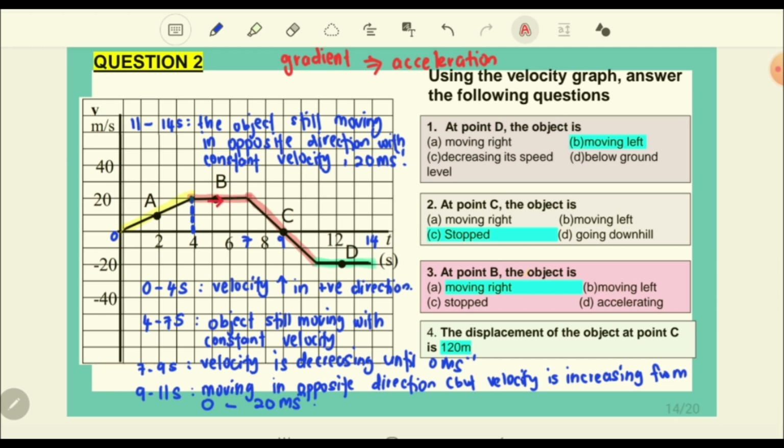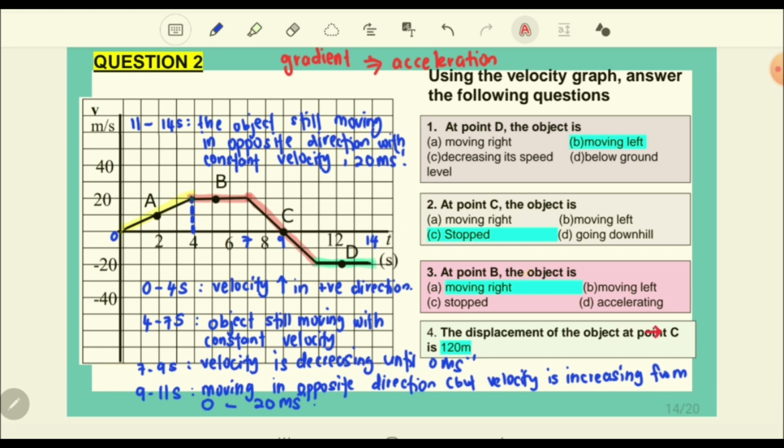No, it's moving to the right. Look at the area of the graph, it's positive, above the axis. Below the axis would be the opposite direction. Accelerating? No, it's moving with constant velocity of 20 meter per second.